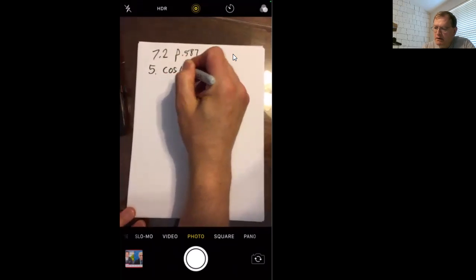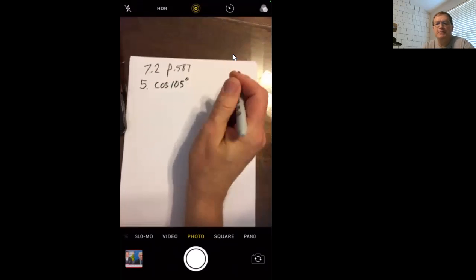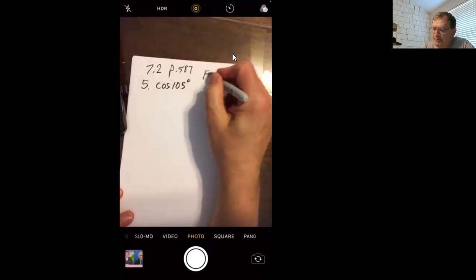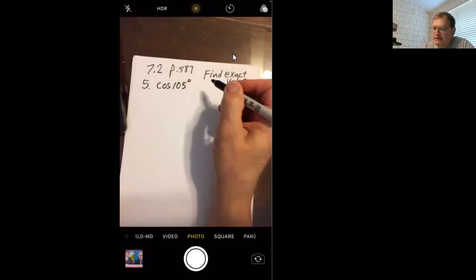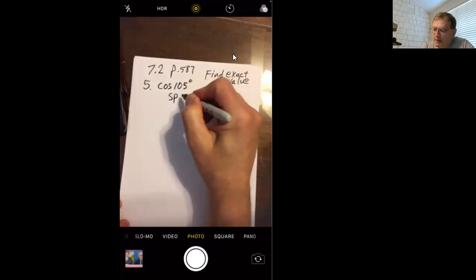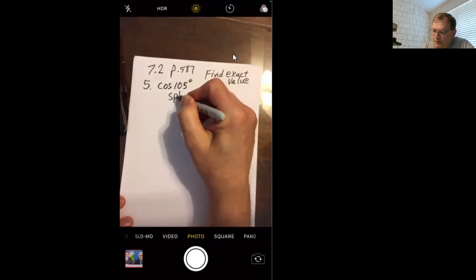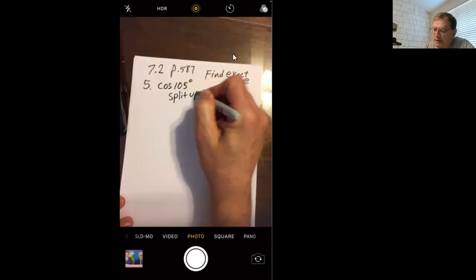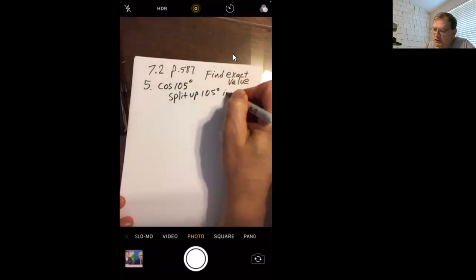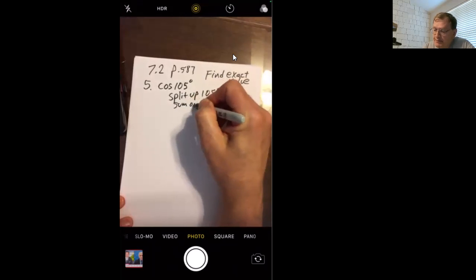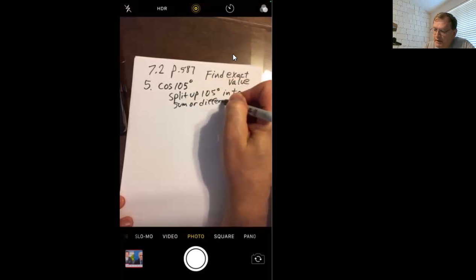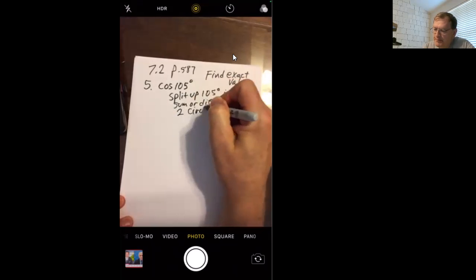Cosine 105 degrees. Find the exact value. Okay, so you got to split up into sum or difference of two circle values.